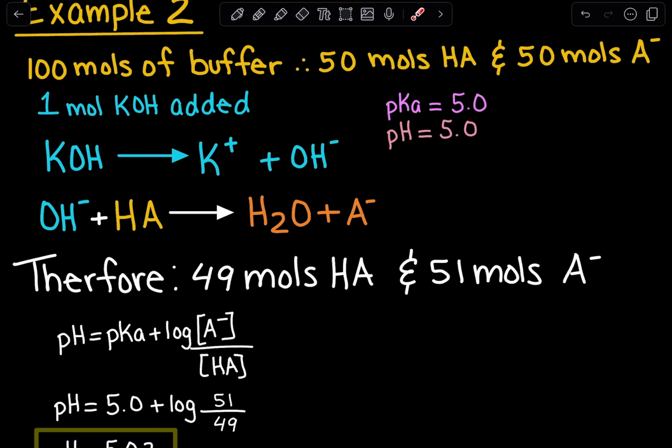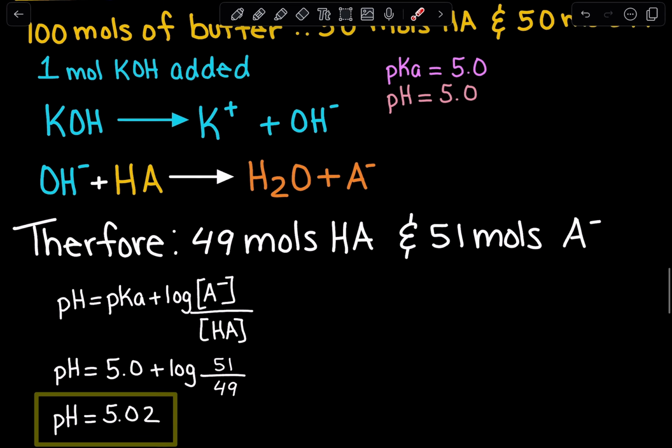Now, once again, I add in 1 mole of KOH. KOH, potassium hydroxide, breaks down into K plus and OH minus. That OH minus, our base, is going to combine with the HA in our buffer to produce water and A minus. Now, once again, we have used an HA, we've produced an A minus, and we have affected this ratio.